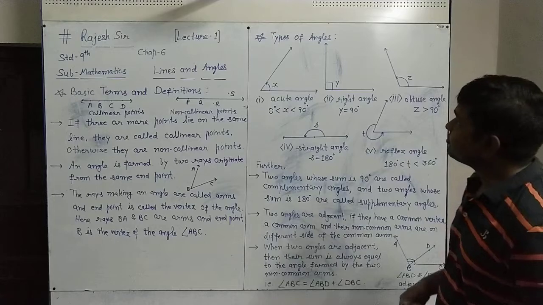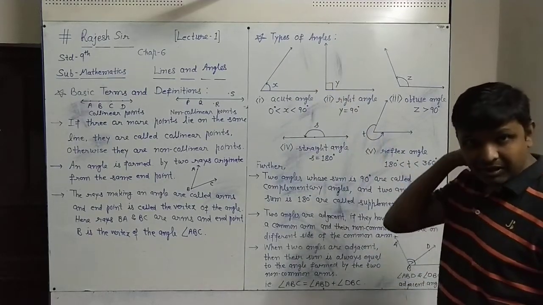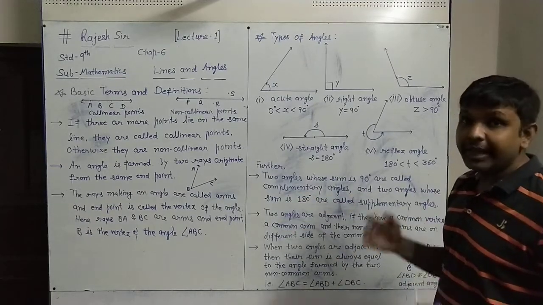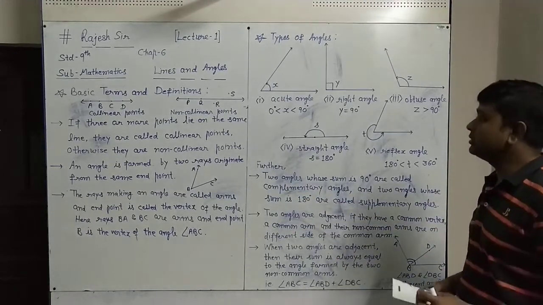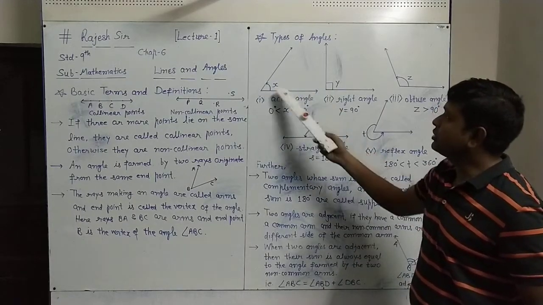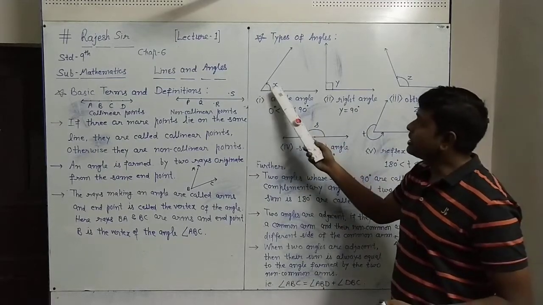Next is types of angles. Now that we have defined the angle, we will see the different types of angles. This angle is showing an acute angle and this is its measurement, x.